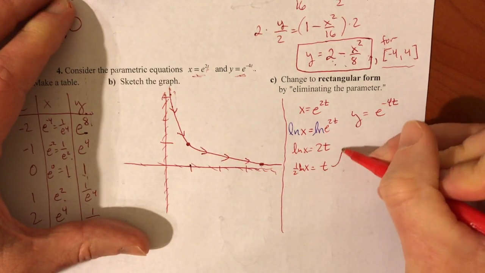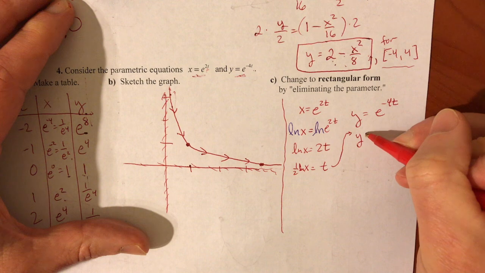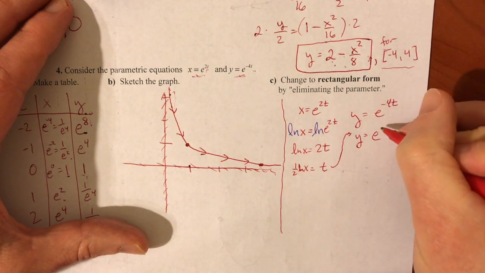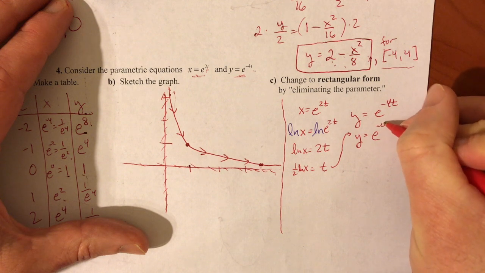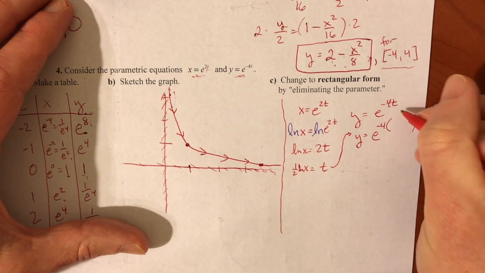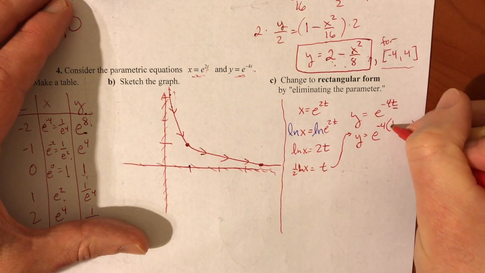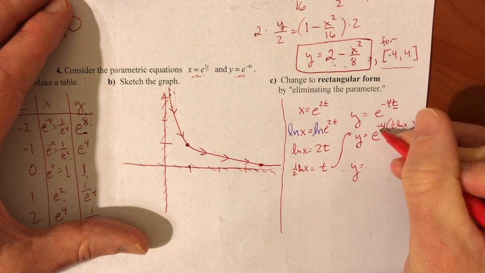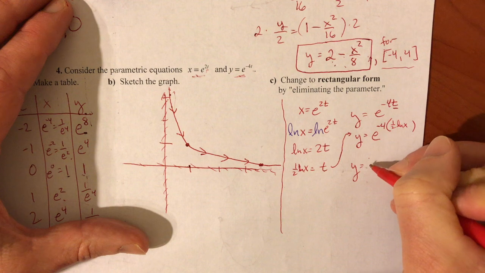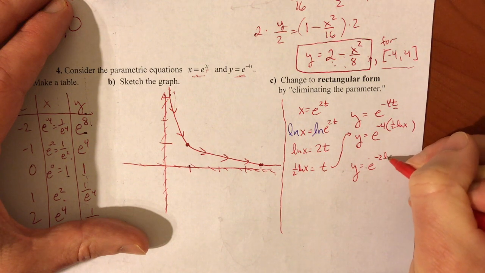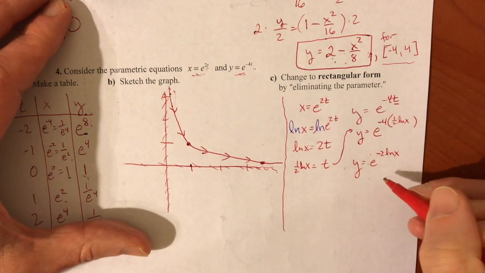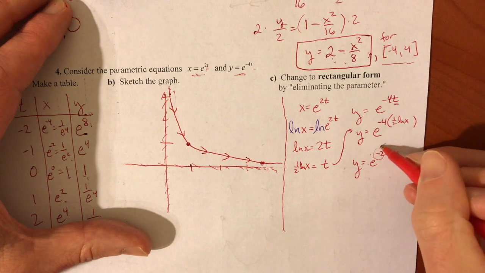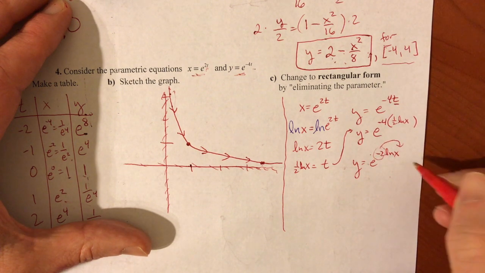Now I'm going to take that and substitute in for t into the other equation. So we're going to have y equals e to the negative 4, and in place of t, I'm going to put 1/2 ln of x. Negative 4 times 1/2 is negative 2 ln of x. I suppose this would be fine, but you could play around with this a little more using some log properties.